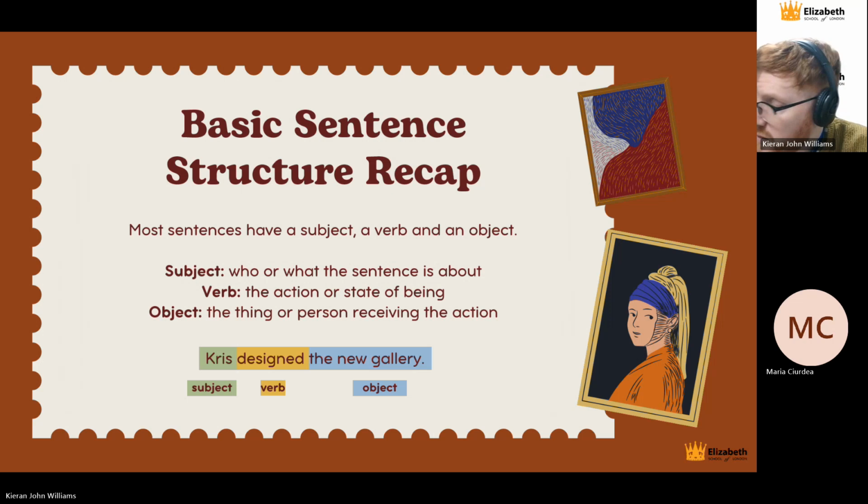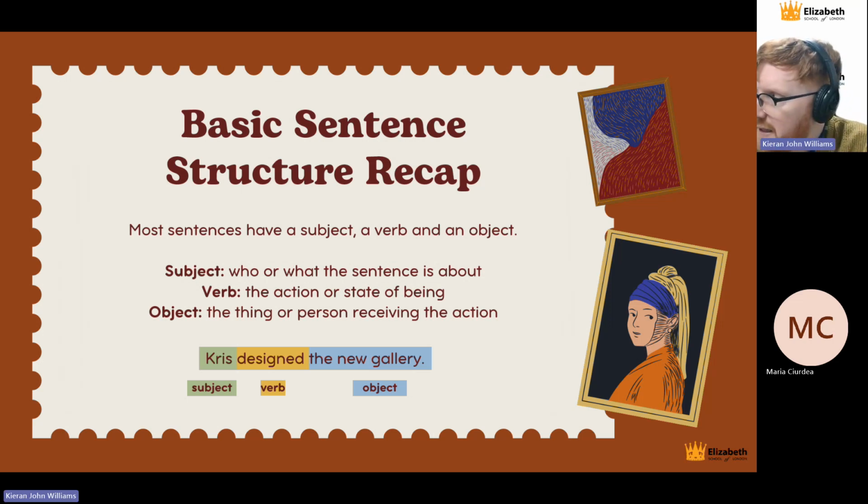Right? So we have an example sentence here at the bottom: Chris designed the new gallery. So Chris is the subject because he is the person, or she is the person, who does the action. Designed is the verb because that is the action.